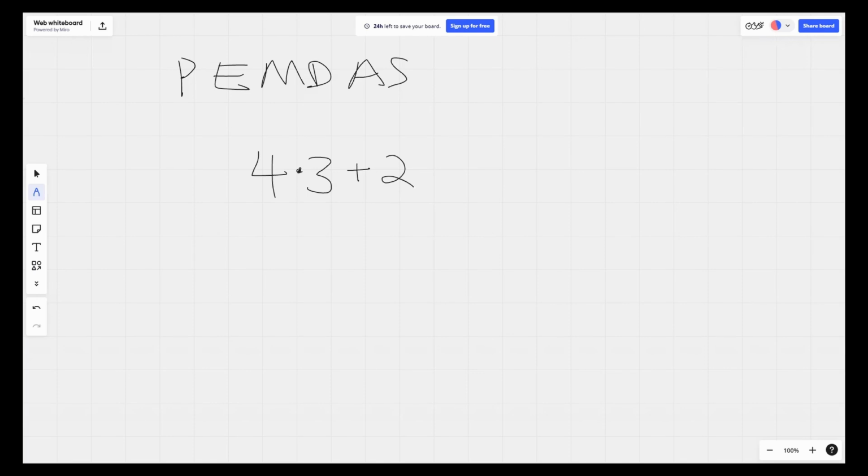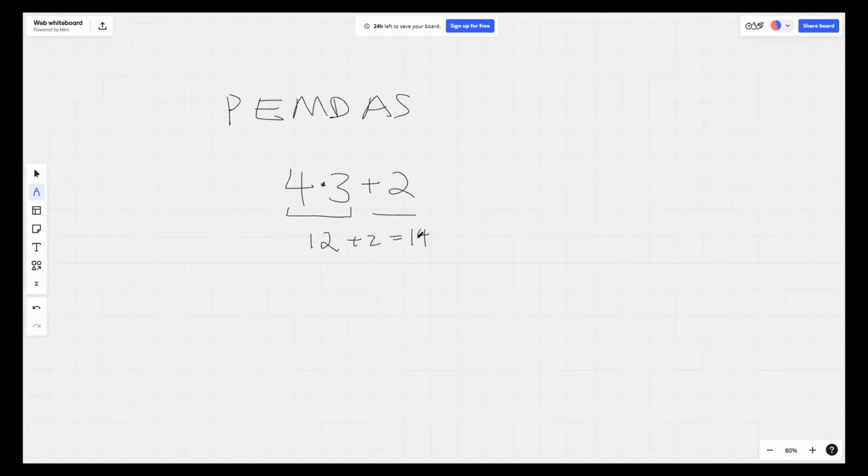I see a lot of 14s in the chat, and that is the correct answer. Why? Because when we evaluate this, we first do multiplication, which would be the 4 times 3, and then we do the addition, right? Because multiplication, which is M, comes before A, which is addition. So it becomes 12 plus 2, and this is 14. All right, how about another example?